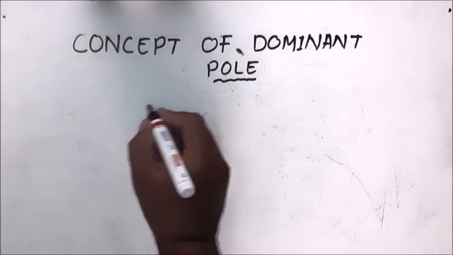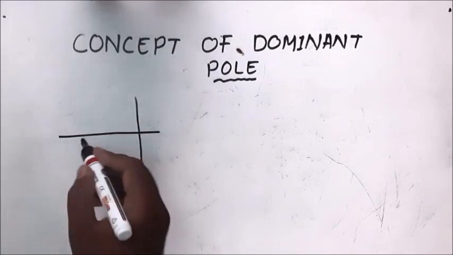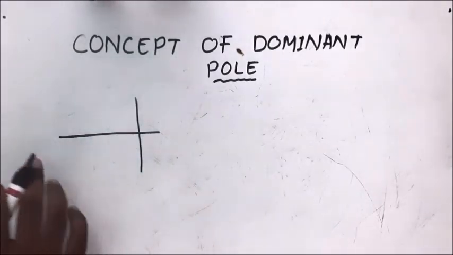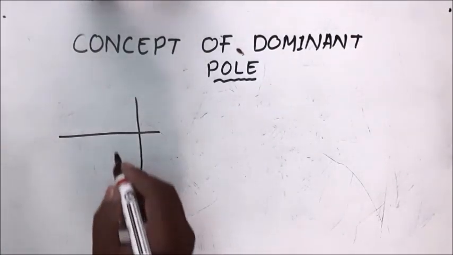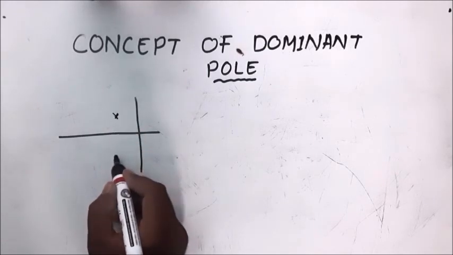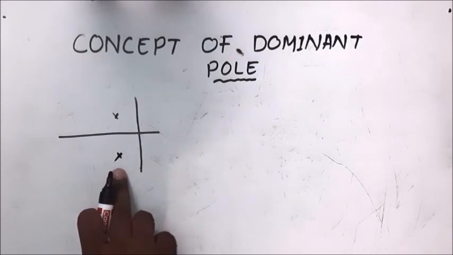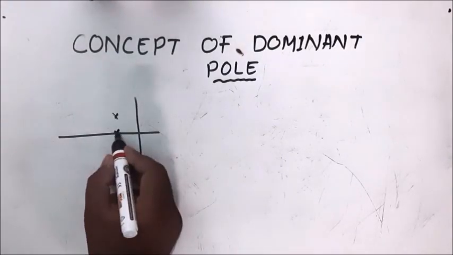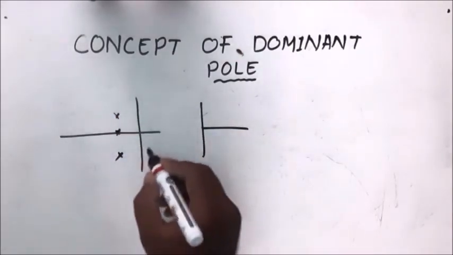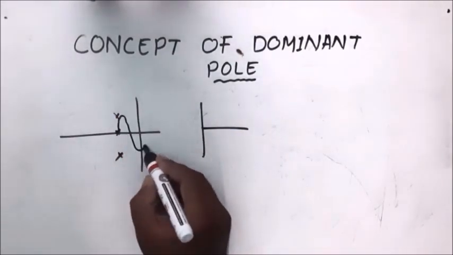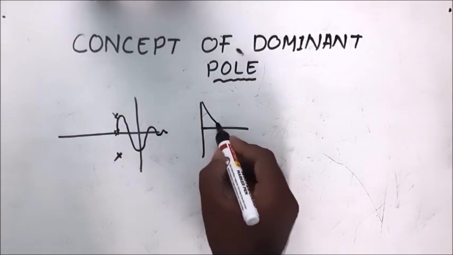So as we studied, the poles which are 5 or 10 times lesser than the insignificant pole are called dominant poles. Dominant poles generally come in pairs, that means in complex conjugate form. It doesn't mean that it always comes that way; it may come as a real part also, but generally it comes with complex conjugate, so that the response will be like this. But if the system has only a real part, the response will be like this only.